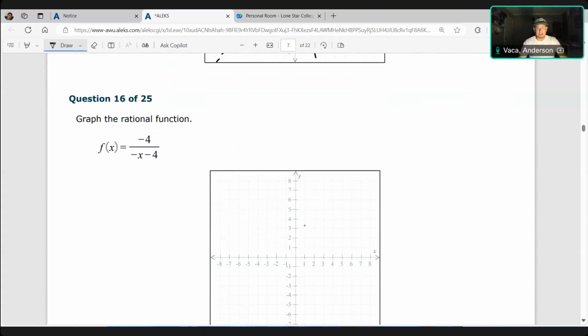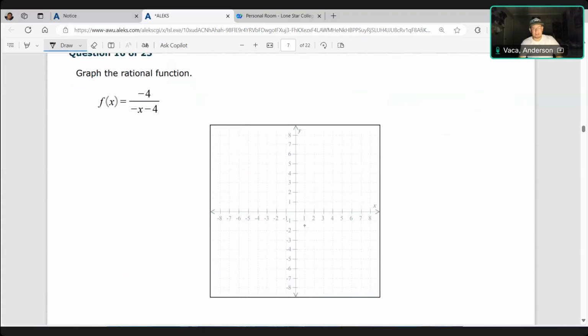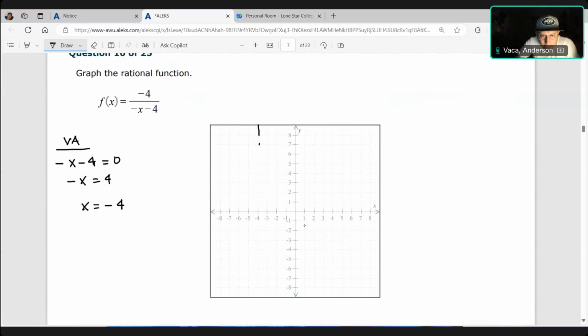Now here we need to actually graph the rational function. Back to square one, vertical asymptote. Take the denominator, set it equal to 0. Negative x is equal to 4. X is equal to negative 4. We know that the vertical asymptote will be here.